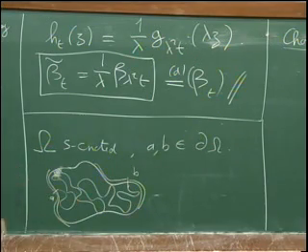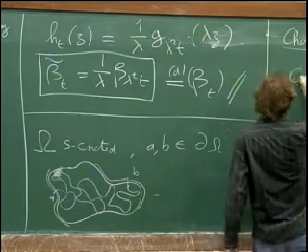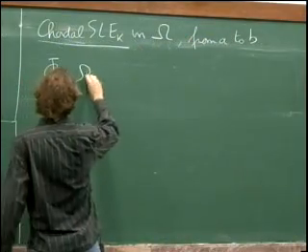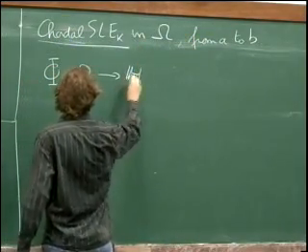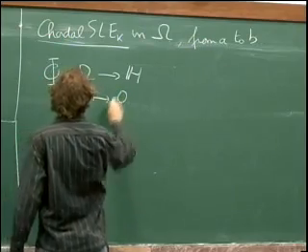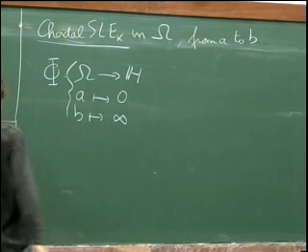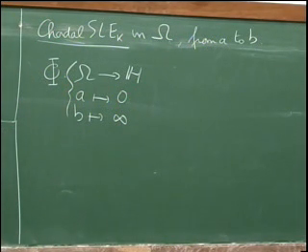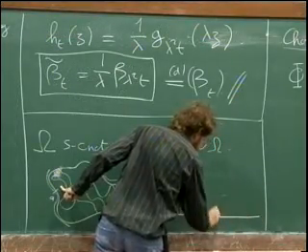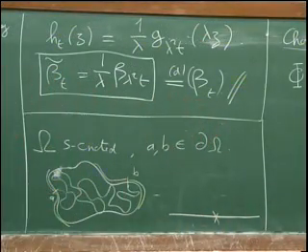So the only thing you can do is take phi that maps omega to H, that maps A to 0, and that maps B to plus infinity. So that's a map uniformizing this domain to the upper half plane. So in the upper half plane, we know how to define SLE.